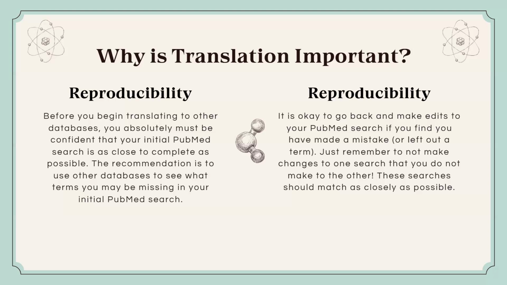When you are doing an evidence synthesis project, by the new standards put out by PRISMA, you should be putting your searches for every database you search, and the coverages in which you search those databases, into either a data repository, your protocol, or your final manuscript. So being able to do this process and document your process and know why you're doing translation and what changes you're making and what that does in a database is important for reproducibility.